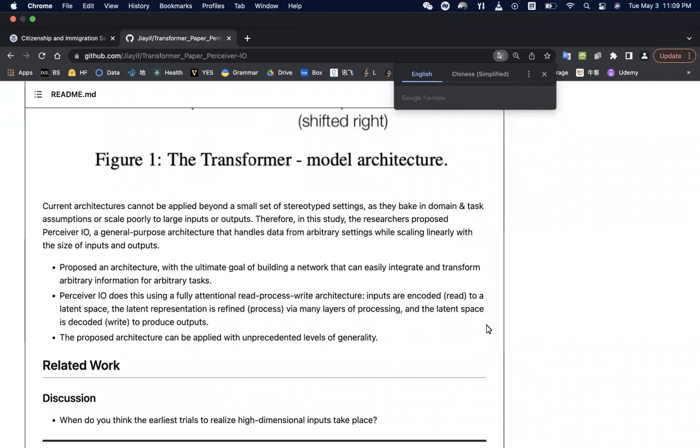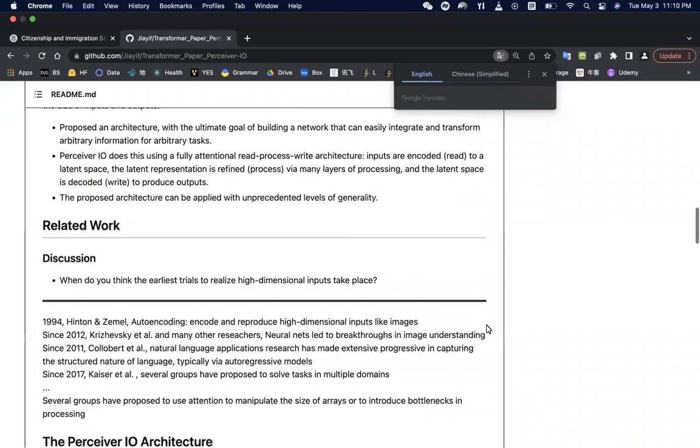Do you have any idea when the earliest trial to handle this kind of high dimensional input took place? Yeah, it's actually from the last century, 1994. Some researchers proposed autoencoding, and in the following years, researchers have always been working on this, especially after the invention of neural networks.